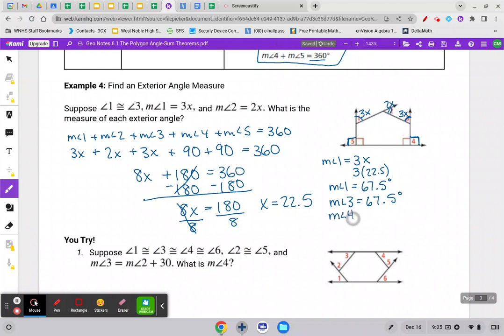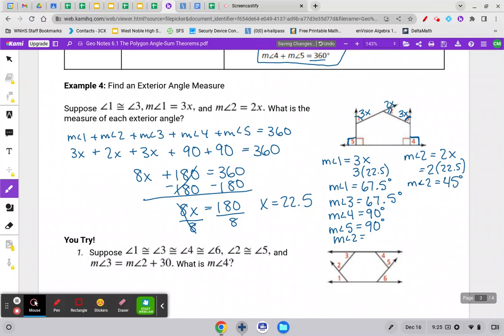Angle 4 and 5 are both 90 degrees because of how they are labeled, which leaves us just with finding angle 2. So the measure of angle 2 is 2x, so we take 2 times 22.5, and we get that the measure of angle 2 is equal to 45 degrees.